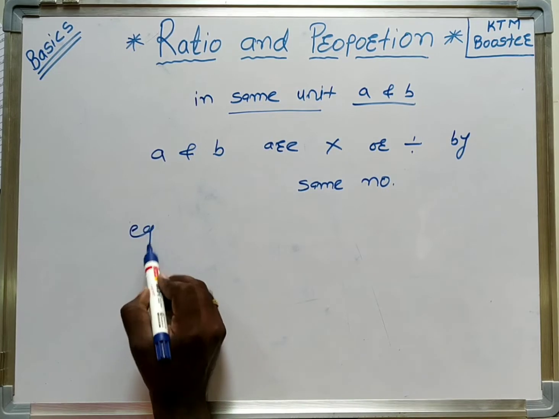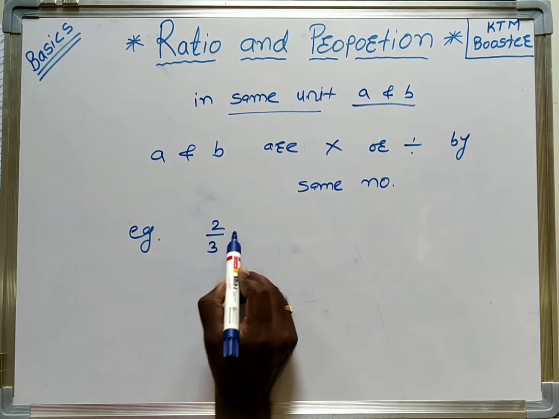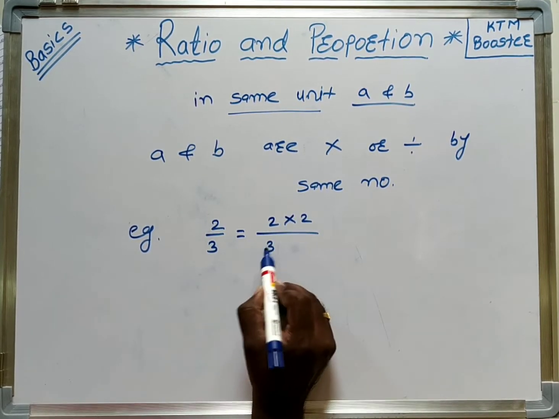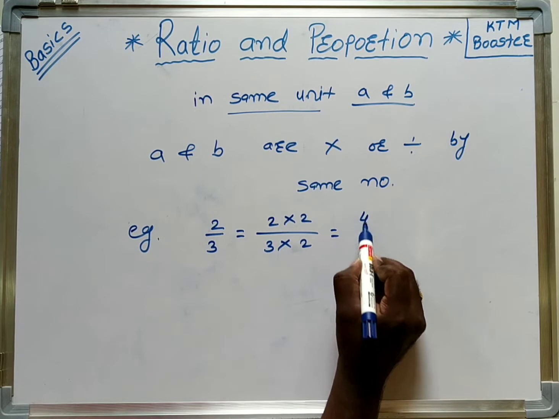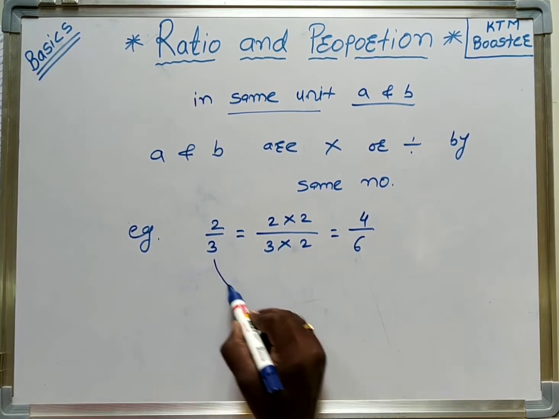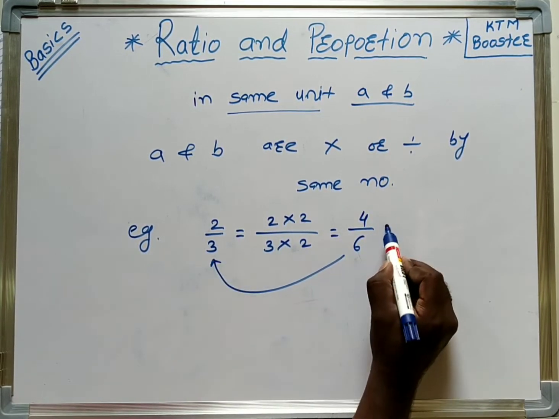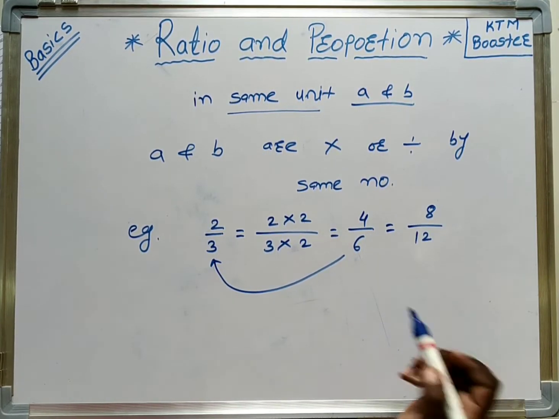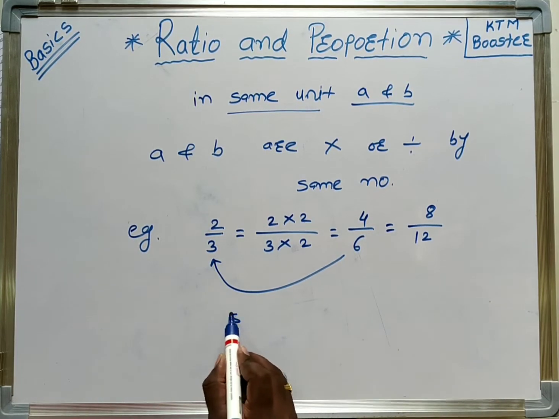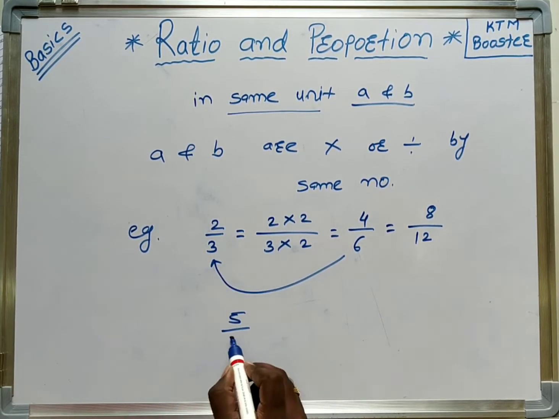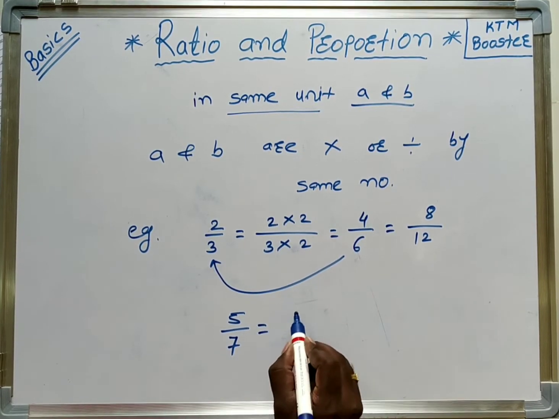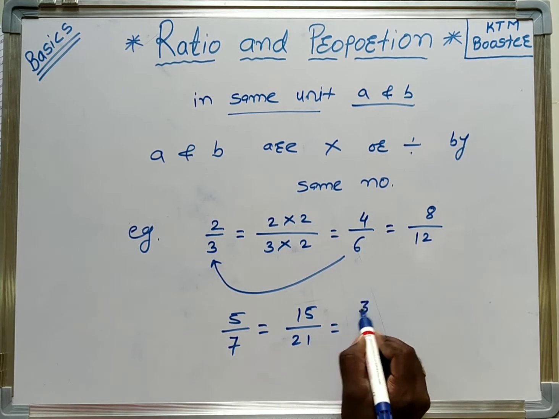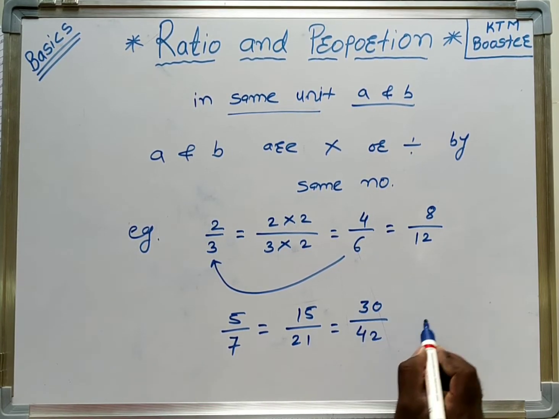For example, 2/3: if 2 is multiplied by 2 and 3 is multiplied by 2, then we get 4/6, which is the same as 2/3. We can write again 8/12. We can take any ratio, say 5/7. We can write it as 15/21, which is the same as 30/42, etc.